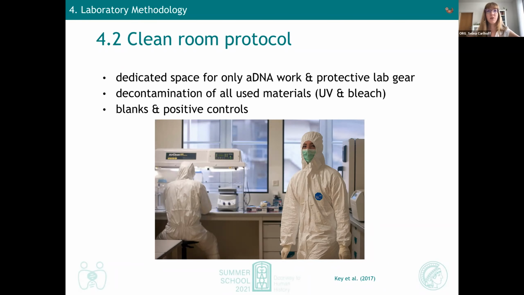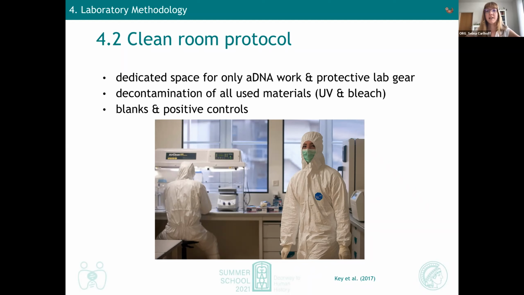And clean rooms also have other features such as positive air pressure, and most of them are also really strictly cleaned, for example, with UV lights. And within clean rooms, of course, if we're taking such good care to keep the room clean, we also have to make sure that we don't bring anything into this very closed off environment.